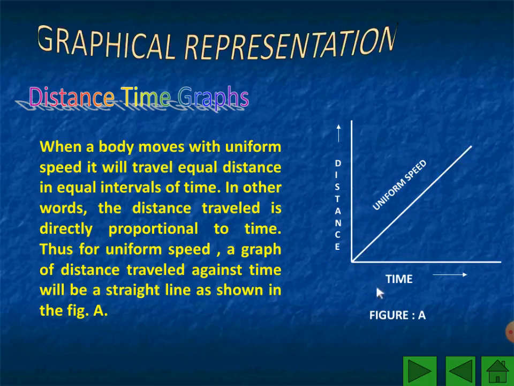But to draw a graph is very easy. What can be concluded from this graph is very important. From this graph we can find speed. How to find speed from this graph? If we know the slope of this graph, meaning the tangent of this angle, okay?